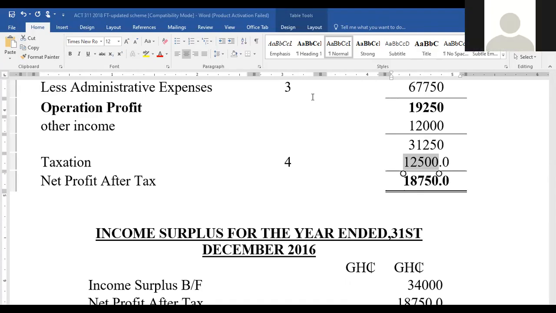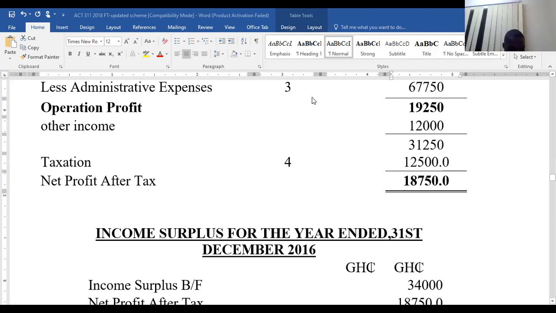So total all your liabilities, how much are you getting? How much is the total liability? 48,200?